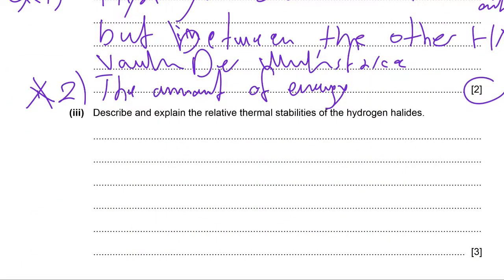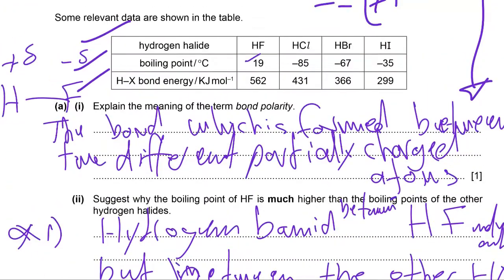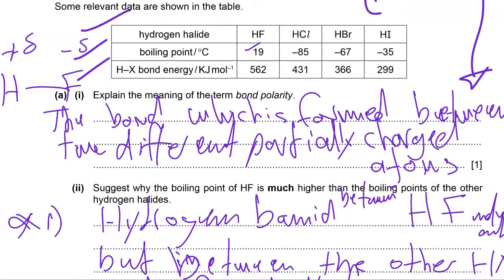Describe and explain the relative thermal stability of the hydrogen halides. First of all, let's describe it. How is the thermal stability from the bond energy? That means whether these molecules will be resistant to high temperature, or which one will be more resistant than the other.